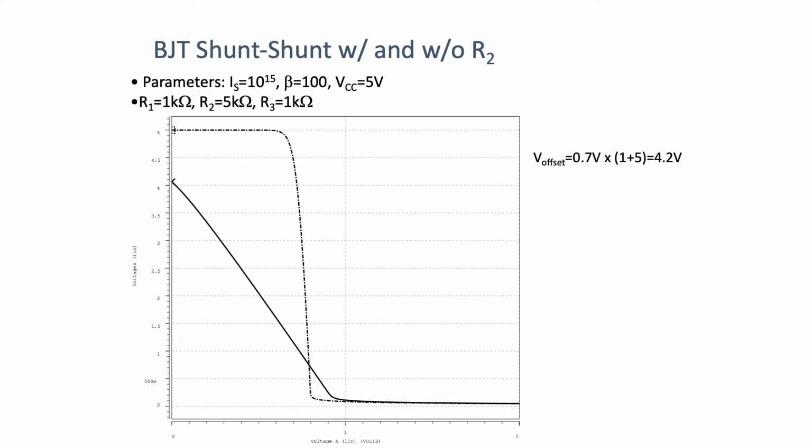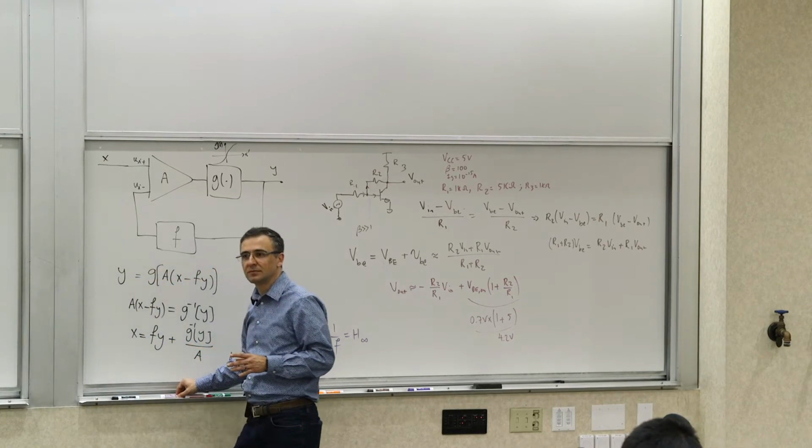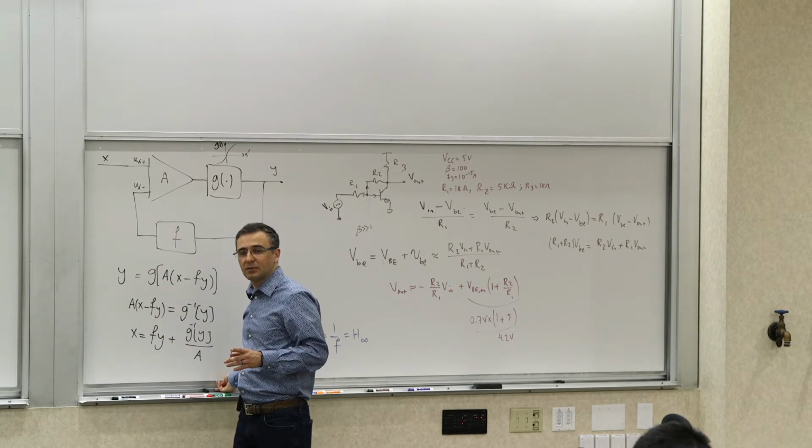Furthermore, its offset, where it crosses the y-axis, is approximately 4.2 volts, or 4.1 volts in this case, which is what we predicted. So what you see in that plot is very similar to what you expected, and that shows that this analysis makes sense. That's one thing to keep in mind. Any questions about that? Okay.